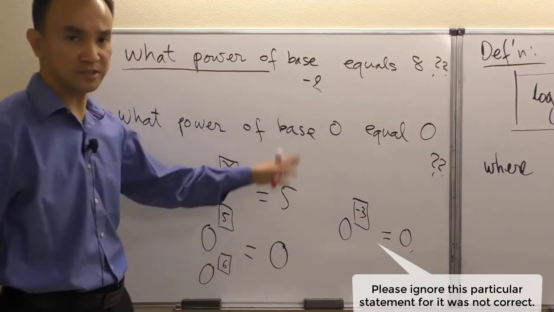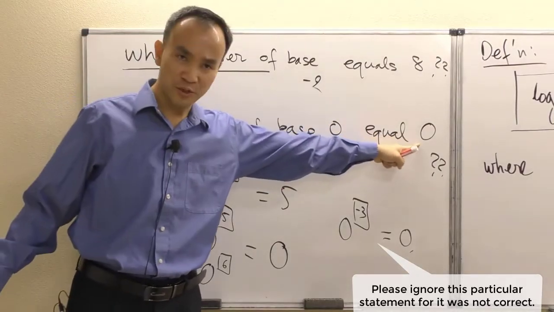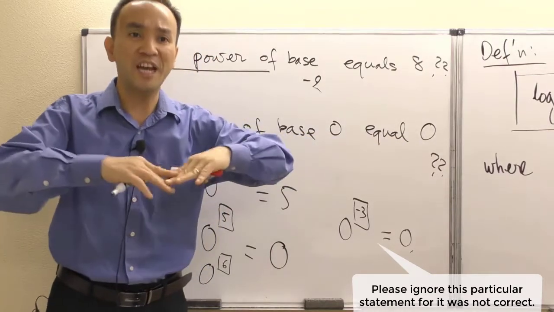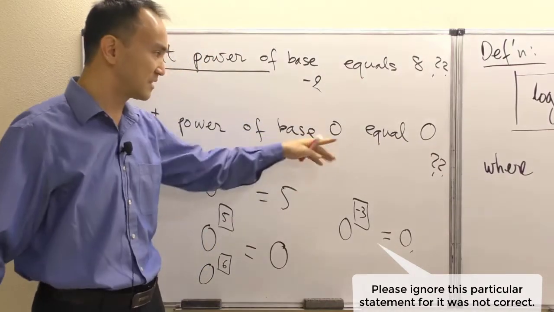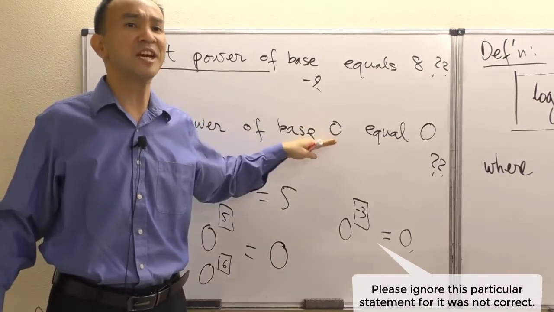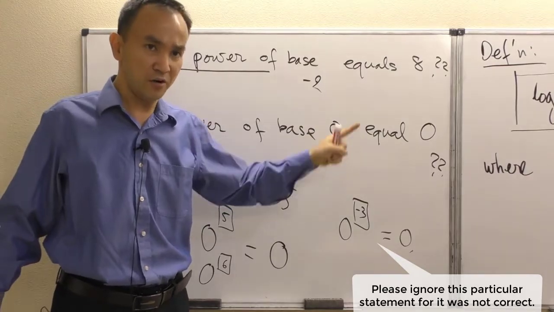So a lot of answers there. For one particular requirement it works with infinitely many answers, and other than that, it has no answers. This is a scary situation, and that's why we don't want to include base 0 in our logarithm work.